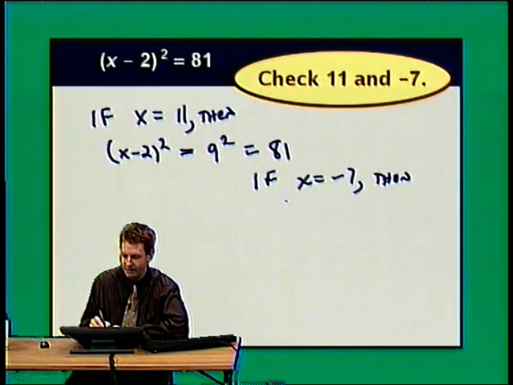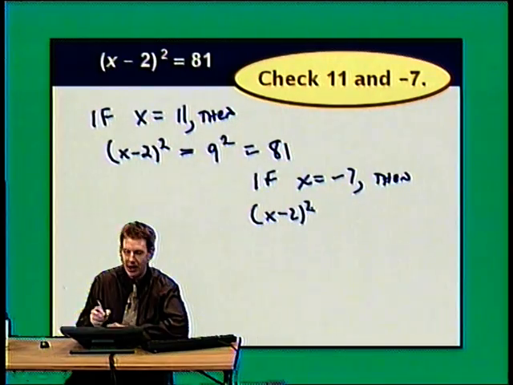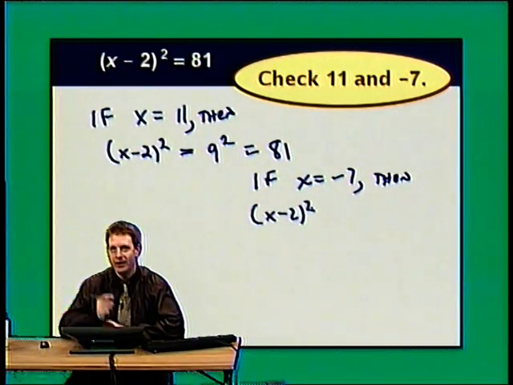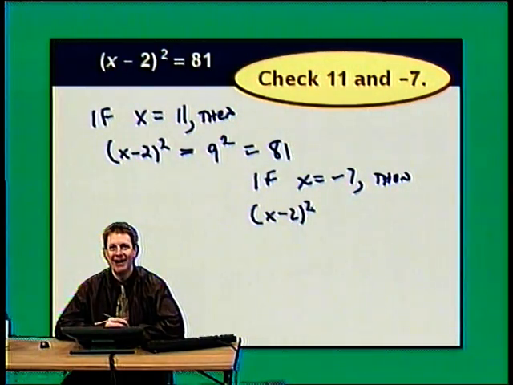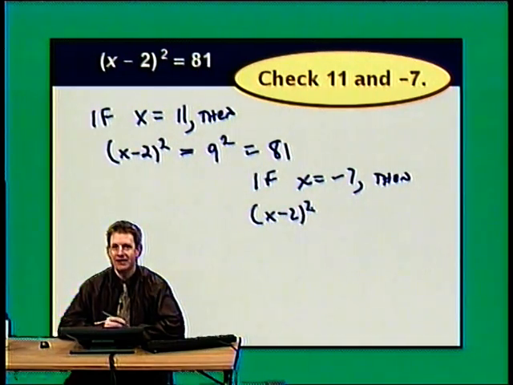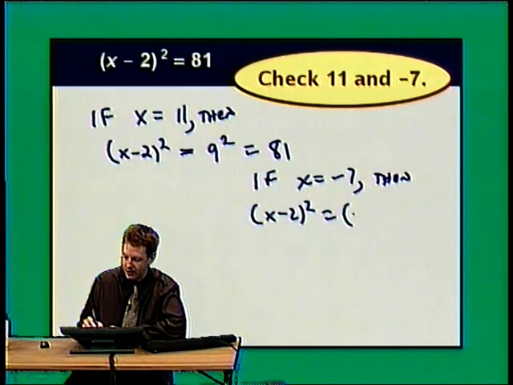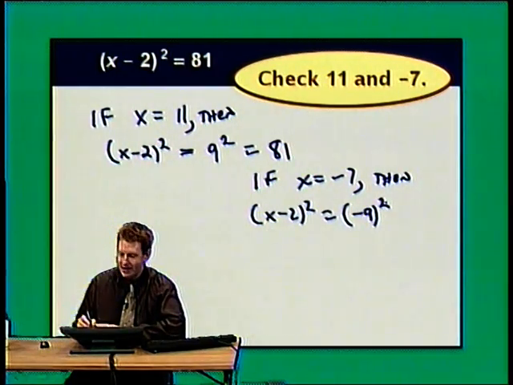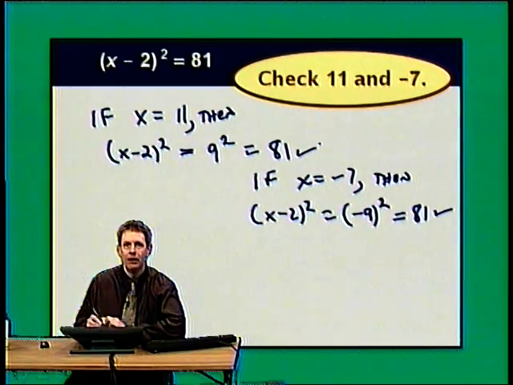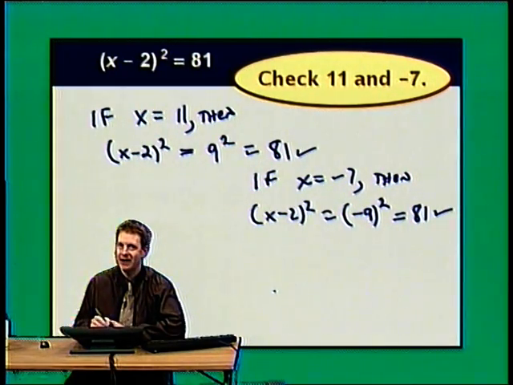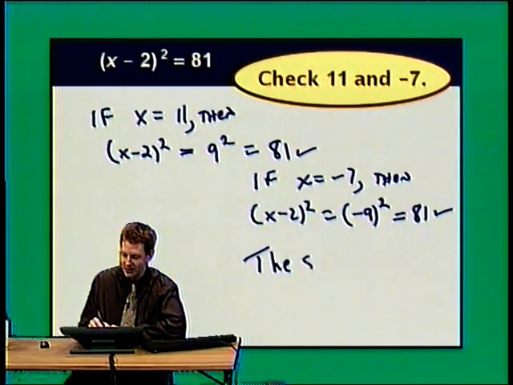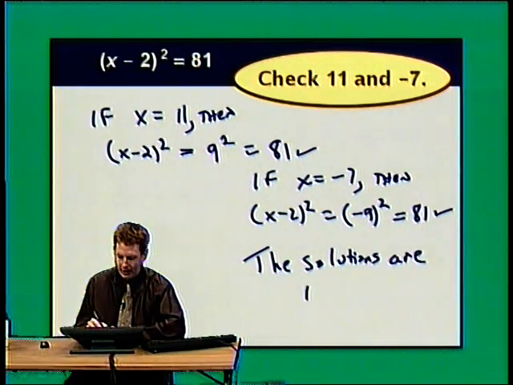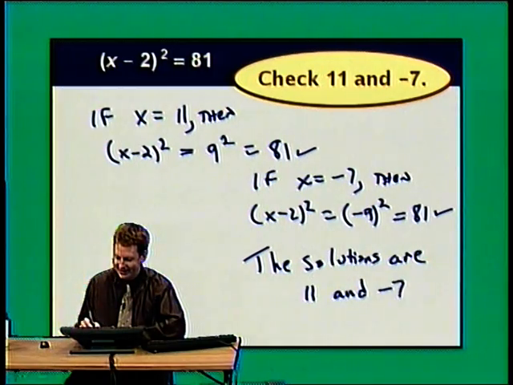Well, then negative 7 minus 2 is negative 9, so the variable expression becomes (negative 9) squared, and negative 9 times negative 9 is also positive 81. Both my solutions check. So let's state our conclusion. The solutions are 11 and negative 7.